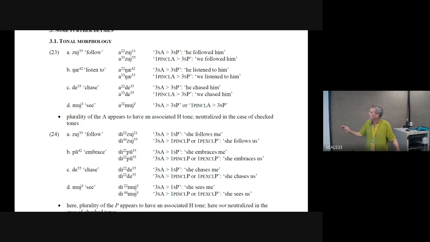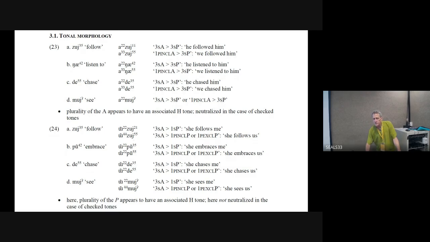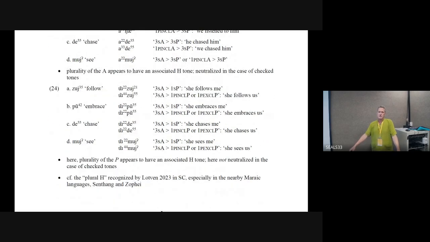Now, I won't go through it in detail, but there's a similar sort of pattern in the verbs in 24. The difference here has to do with the plurality of the P participant. So the first form in each pair is with a singular P participant, and the second ones are with a plural P participant. So the prefix in both cases is ung, so segmentally the same thing.